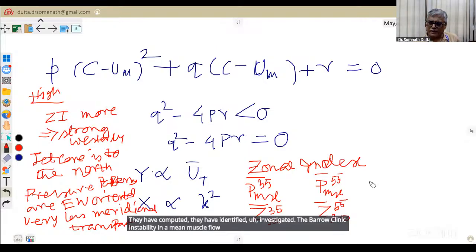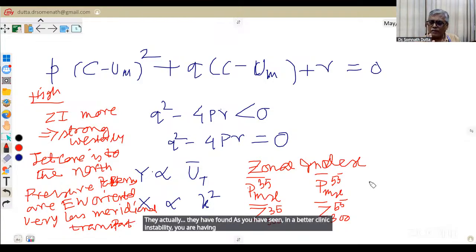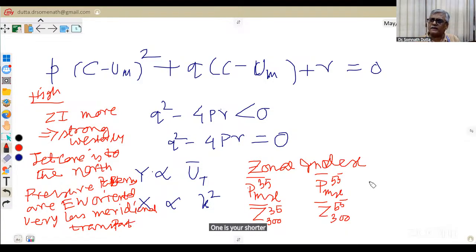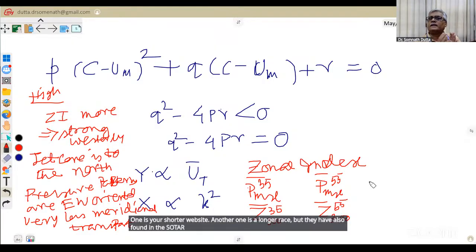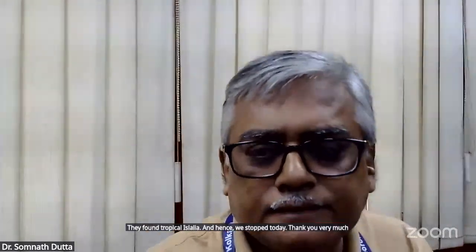It is a very old paper but very useful. As you have seen, in baroclinic instability you have two ends: one is the shorter wave side, another is the longer wave side. They found that on the shorter wave side it is monsoon depression, and on the longer wave side it is tropical instability. And hence we stop today. Thank you very much.